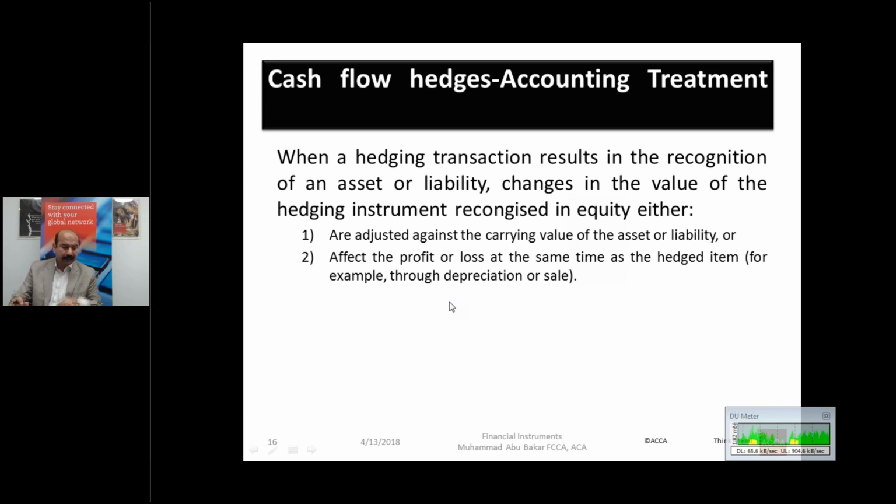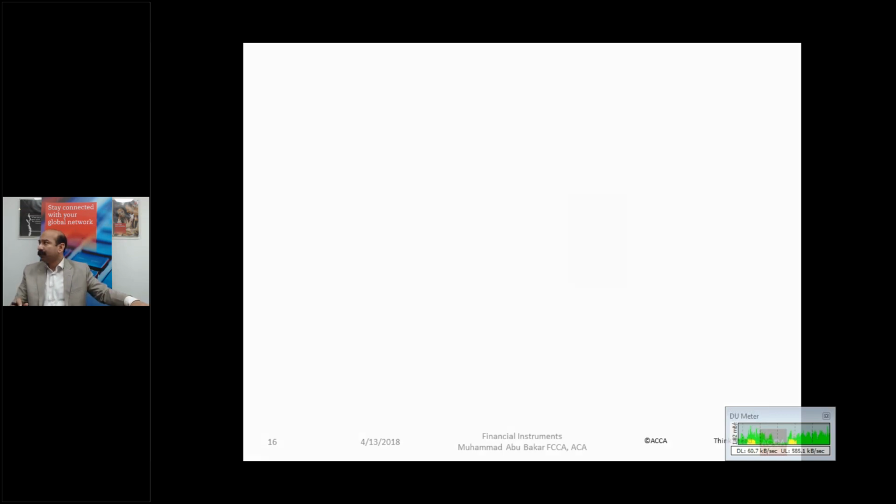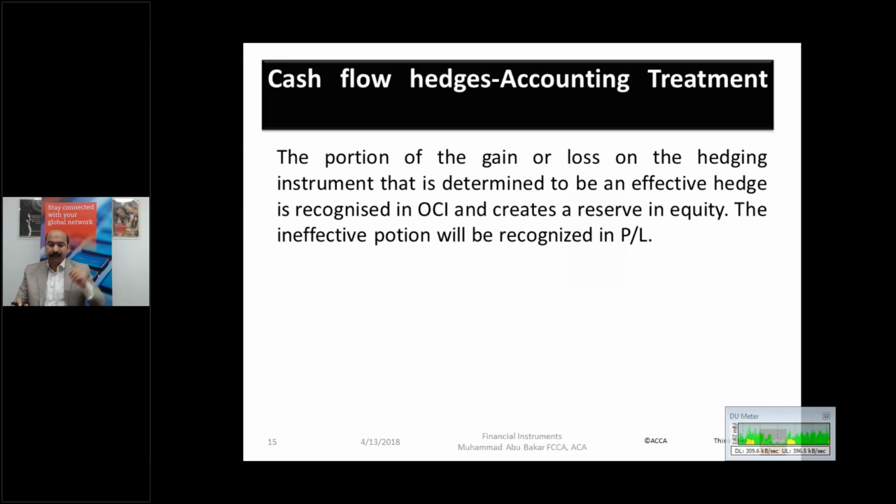Okay, this is the second. So what is the small illustration? The small illustration is, see, just be careful.